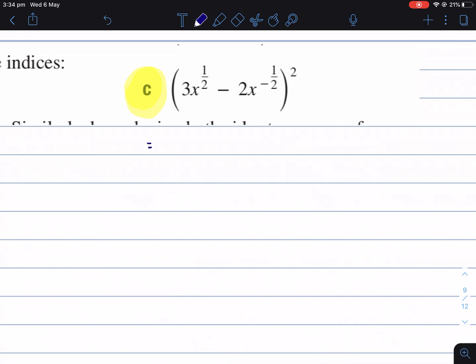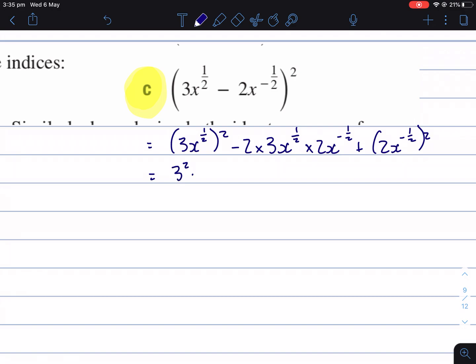This one we've got 3x to the half squared. Take 2 times 3x to the half times 2x to the negative half plus 2x to the negative half squared. Gives me 3 squared, x to the half times 2 is 1.